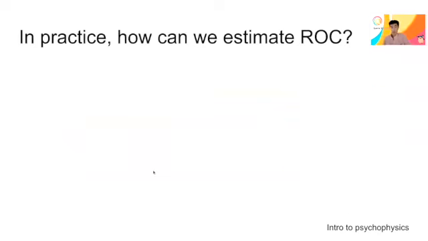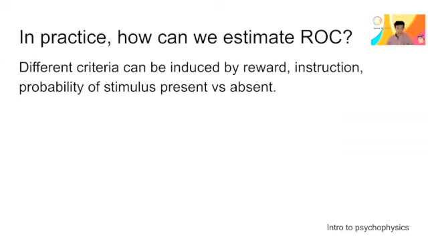So in practice, how can we estimate the receiver operating characteristic, which requires different levels of criterion? This involves a little bit of explanation about how this actually works. But different criteria can be induced by different levels of reward or instruction or probability of stimulus present versus absent.